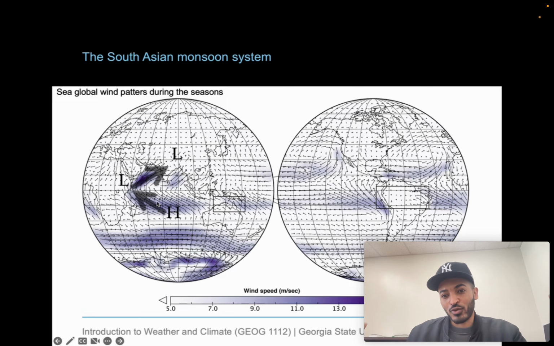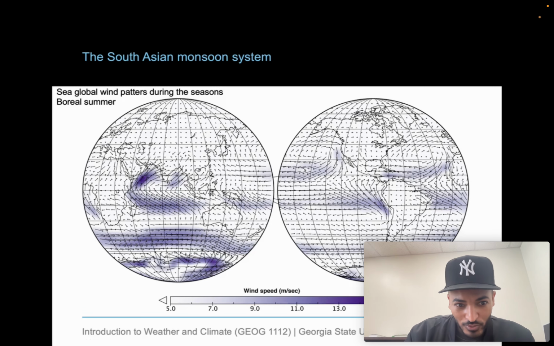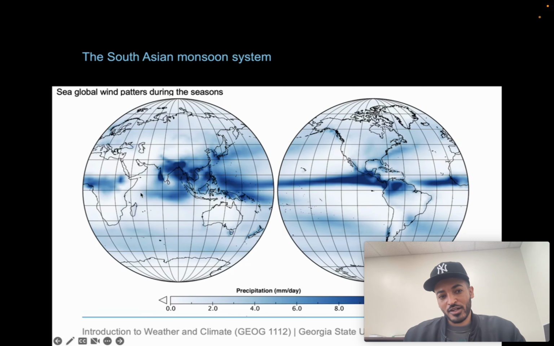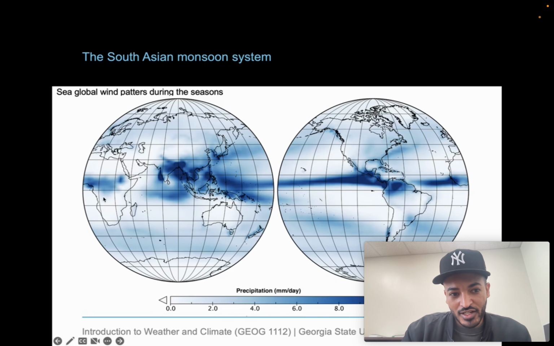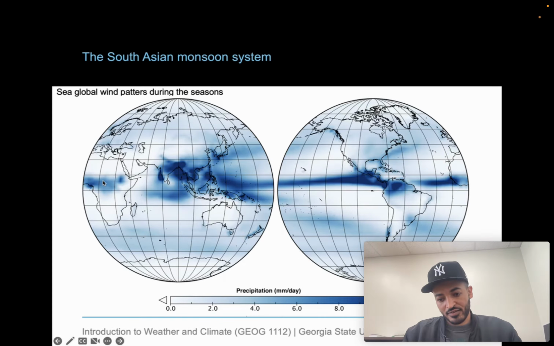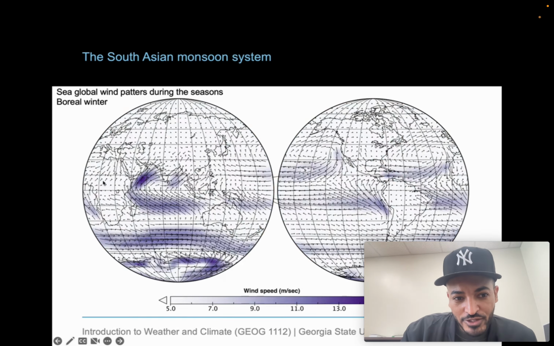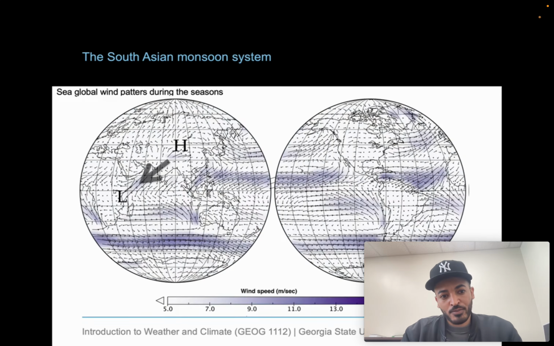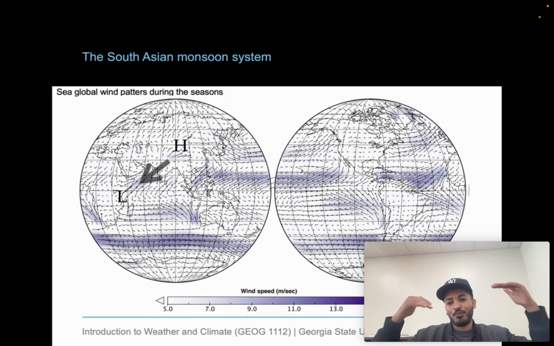Of course, since the winds are coming from the ocean, what we have is an enormous amount of precipitation in what we call the monsoon regions in Asia, East Africa, and West Africa, right? And then what happens after the boreal summer is that we have the complete reversal of these winds, right?